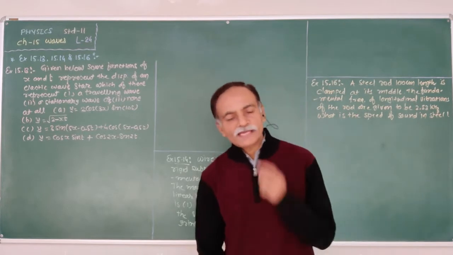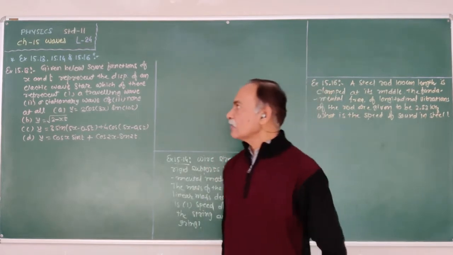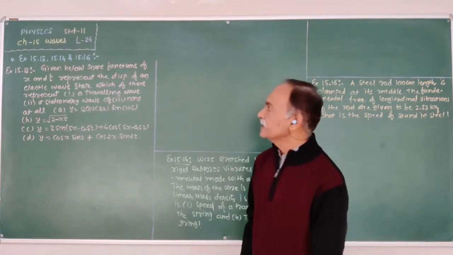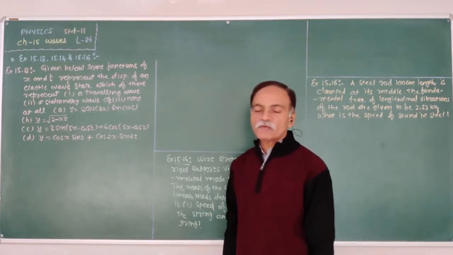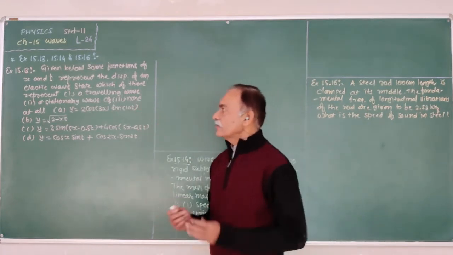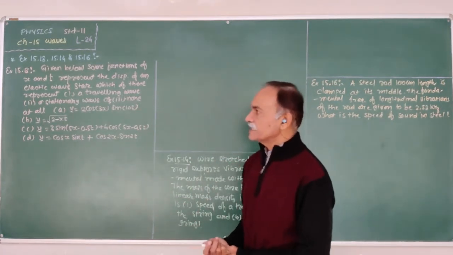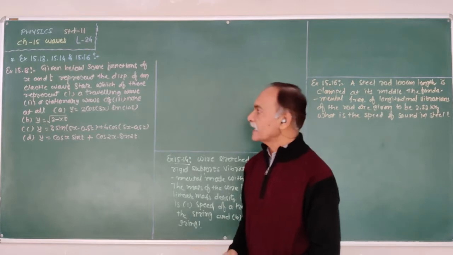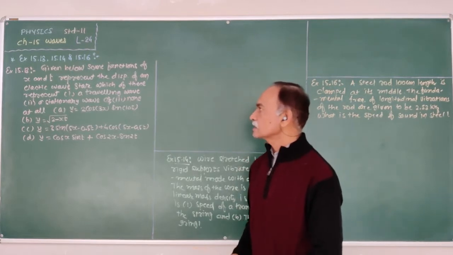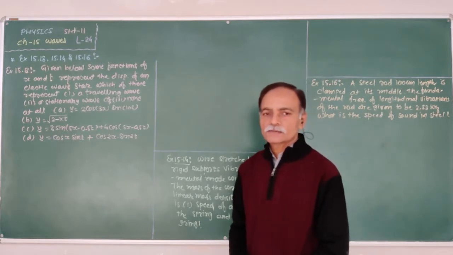Now the numerical number 15.13 of the exercise. Given below, the function of x and t represents the displacement of an elastic wave. State which of these represent first a traveling wave, second a stationary wave, or third none at all.